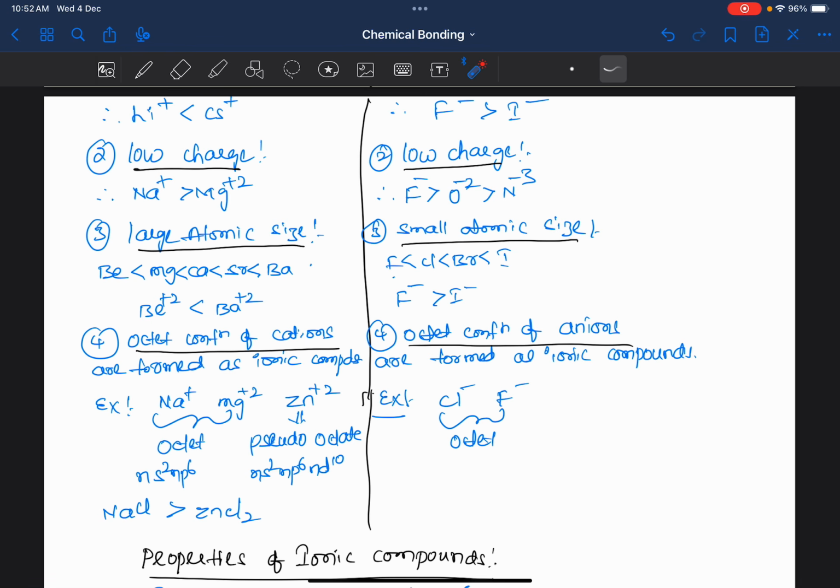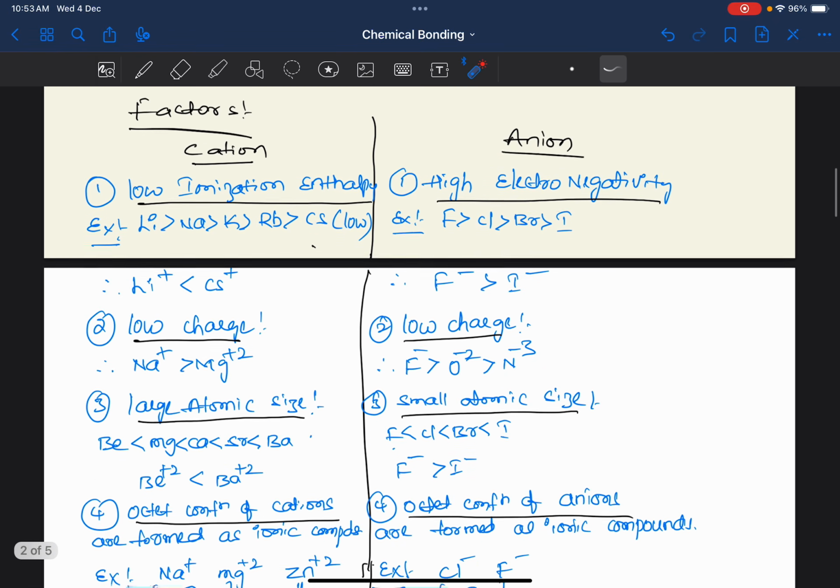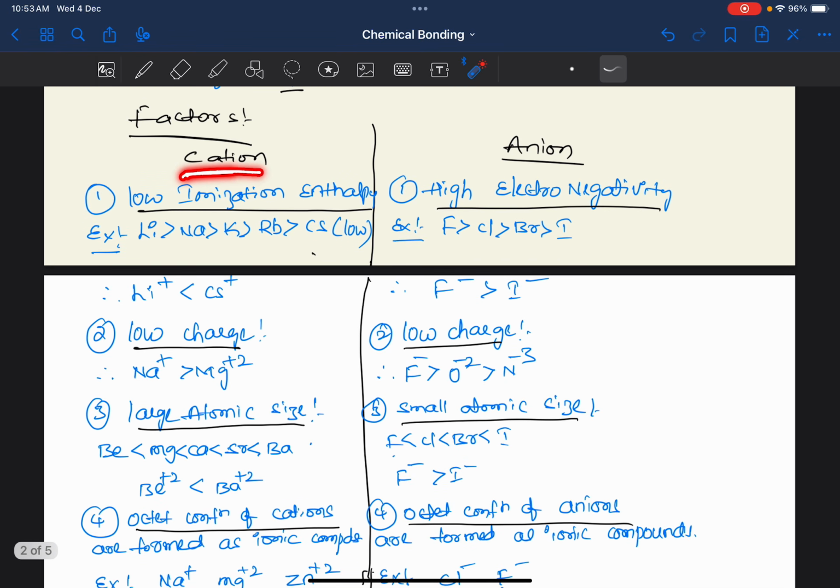Why? Because sodium ion has octet configuration, and cations with octet configuration always form ionic compounds. Zinc chloride is a covalent compound. So these factors affect the formation of cations: low ionization enthalpy, low charge, large atomic size, and octet configuration of cations.